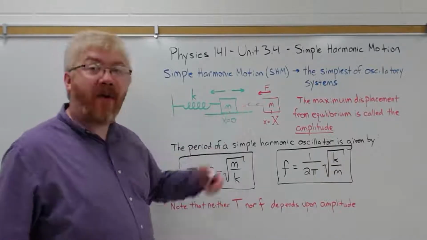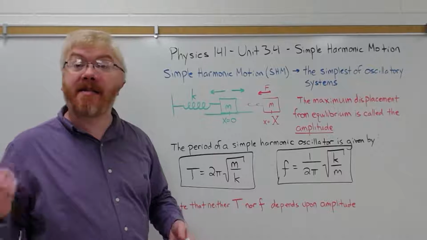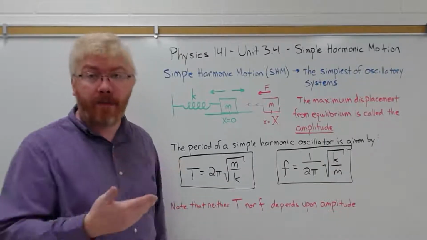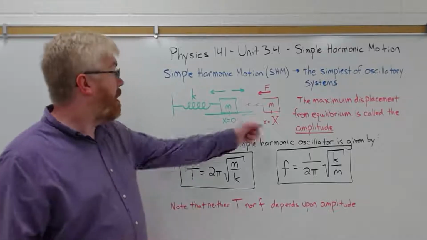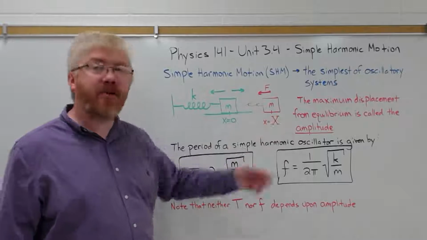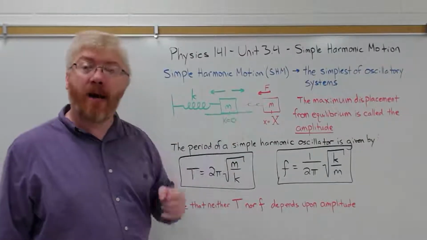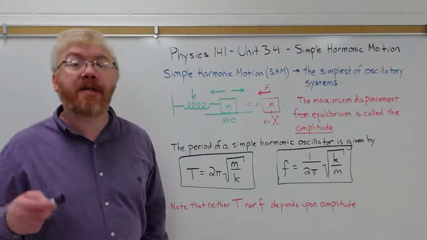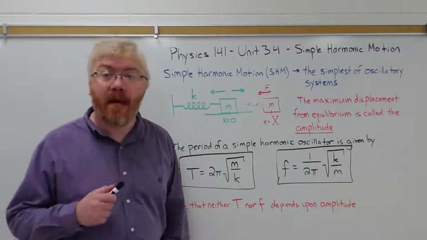If the mass is very large, it has a lot of inertia, it's harder to move and harder to slow down, so you would imagine it would be slower. And the amplitude, maybe it depends on the amplitude too, because the bigger the amplitude, maybe the longer it takes to go through one oscillation, because it has to travel further. Well, it turns out that last one doesn't matter, and we'll talk about that in a moment.